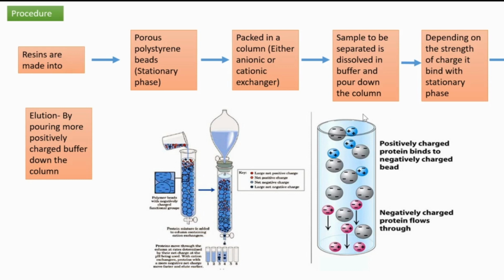Again we need to pour more positively charged buffer. In that way we can wash out all the components separately in consecutive steps. Understand? That washing out is called elution. This is the procedure. I think you understand that.